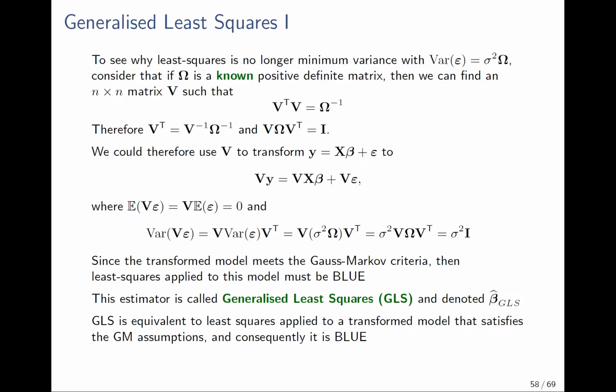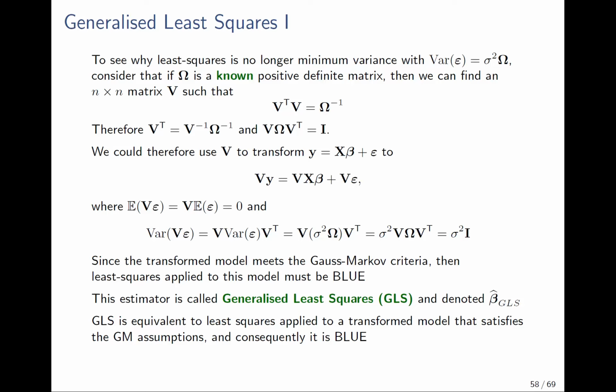What are the properties of the error term in this transformed model? Well, its expectation is V times the expectation of epsilon, which is 0. V is a matrix of constants, so it comes out of the expectation.